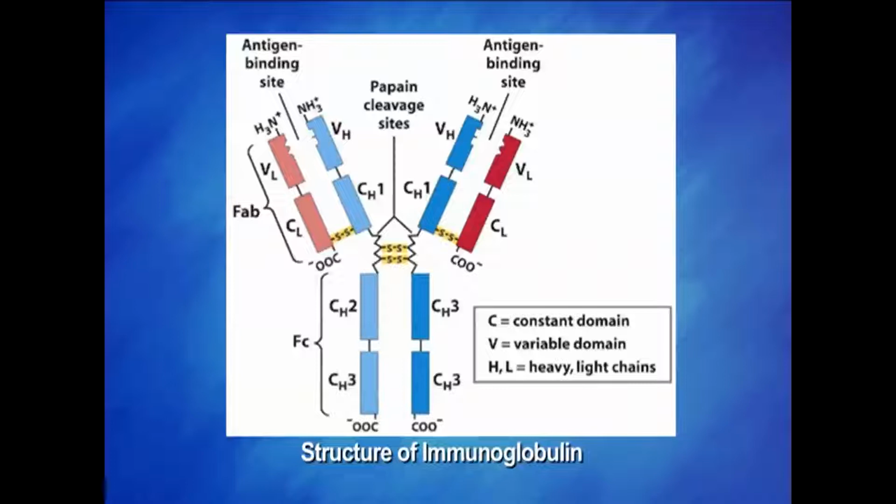It is a typical Y-shaped structure having the variable and the constant light and heavy chains of protein, and it also has the stem, interconnected by disulfide linkage. There is a specific antigen binding site, and this site has VDJ recombination so that the outer topology of that antibody molecule changes. There are specific properties which are also denoted by them.